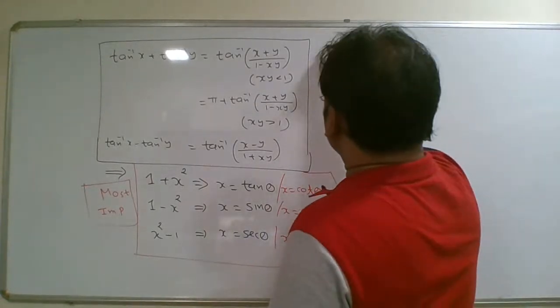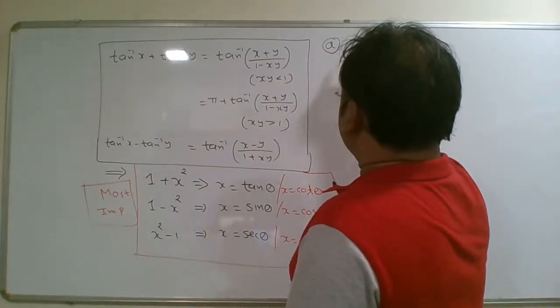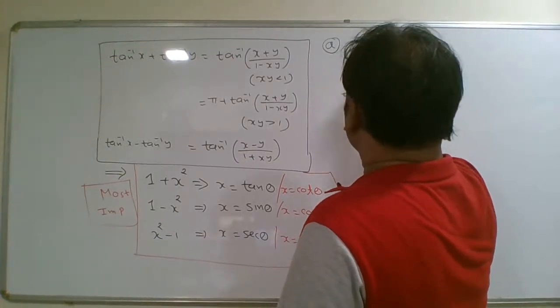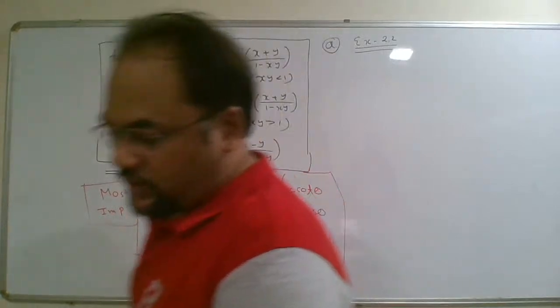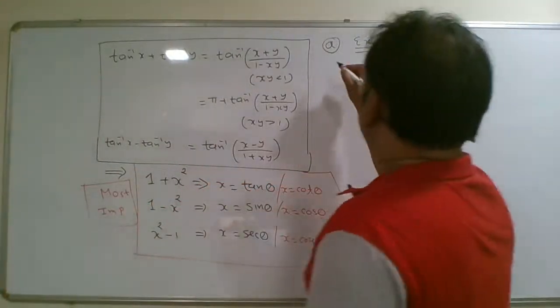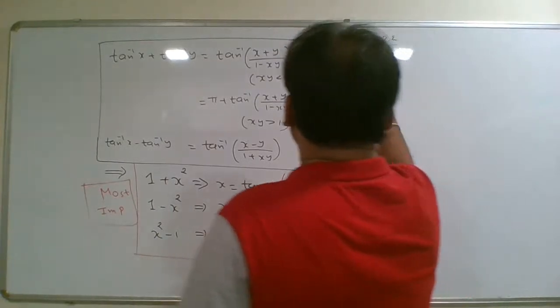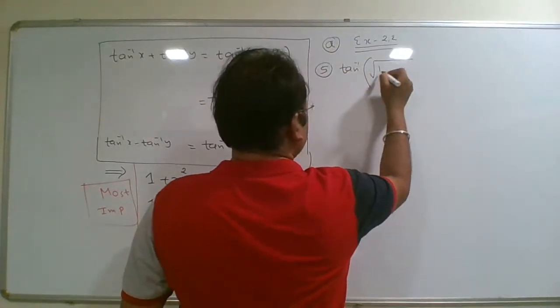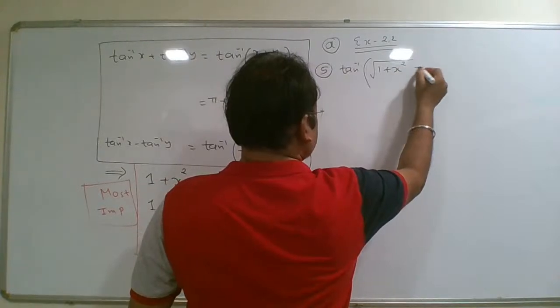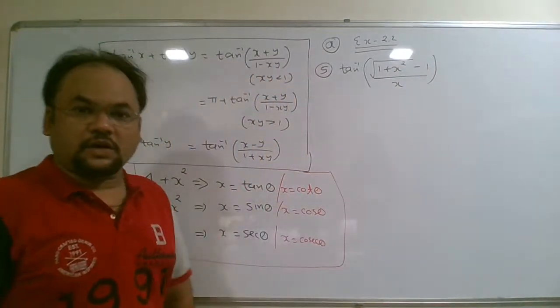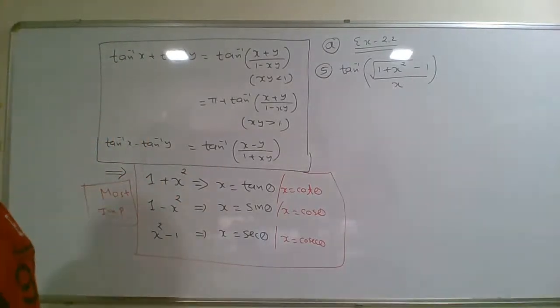Now see the question of exercise 2.2. Question number 5. Tan inverse of under root 1 plus x square minus 1 upon x. How to solve this question?